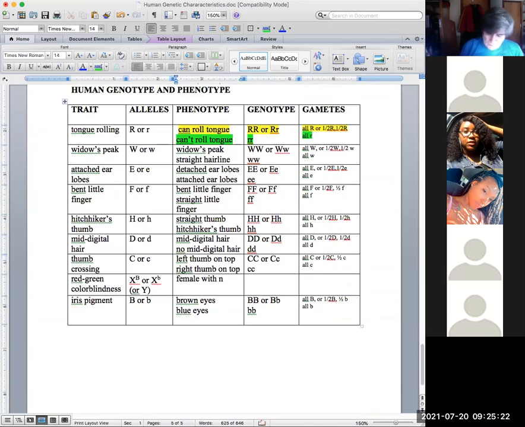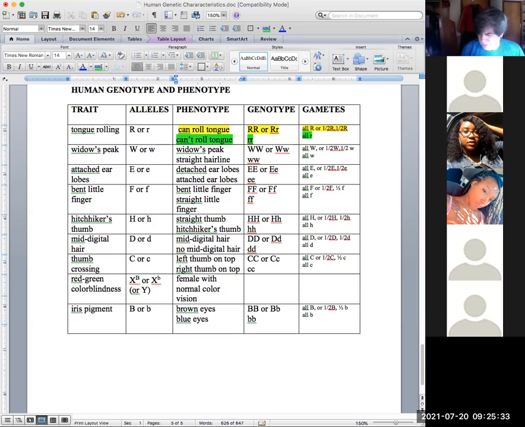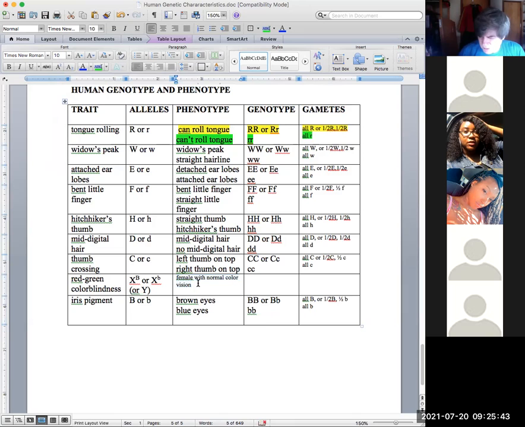So here, you could either be a female with normal color vision. Let's make this a little bit smaller so we don't take up too much space. So that's one possibility.